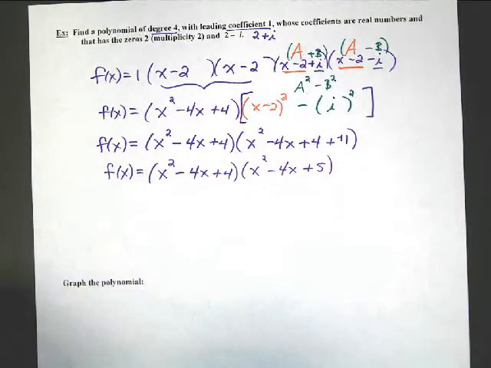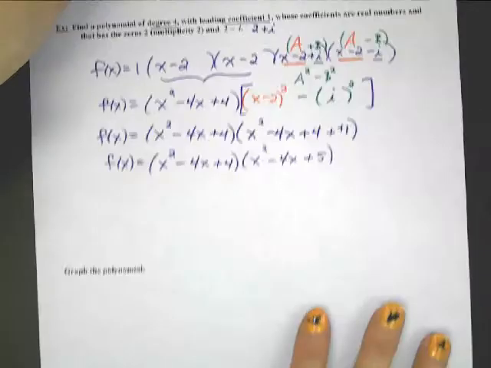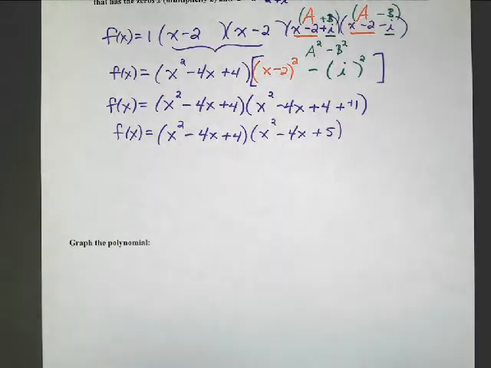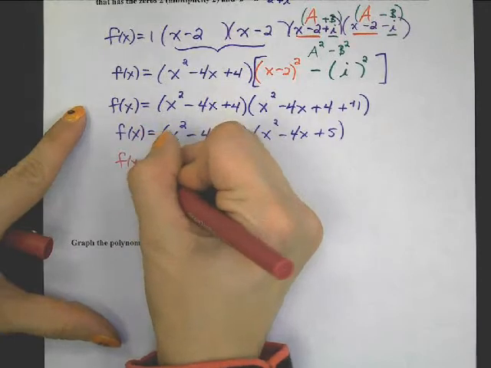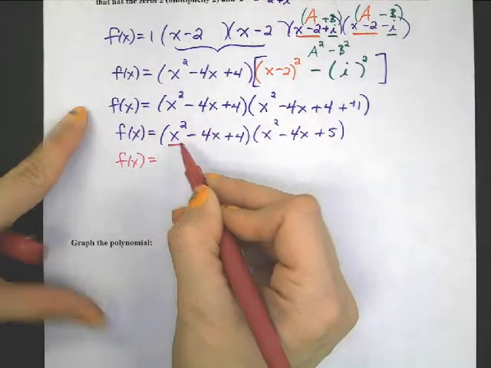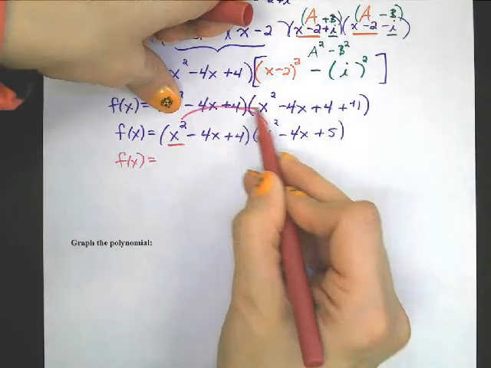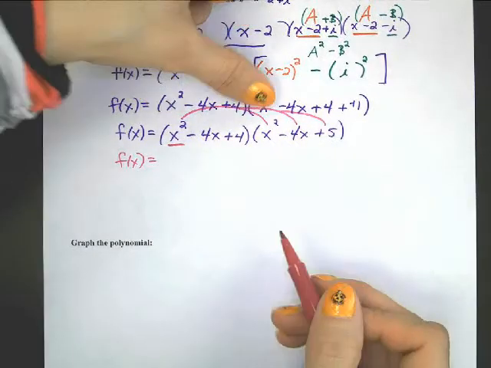Okay, at this point it's just brute force, but maybe we could try to stay organized and do the technique that I showed you last time. So the first thing I'm going to distribute with my first color is x squared. And that has to go to all three things.